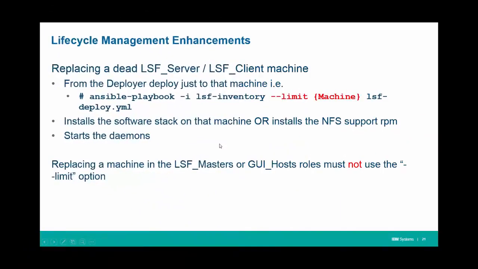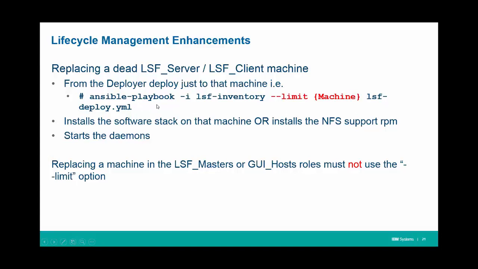So let's look at the first case where we're going to replace, say, a dead LSF server or LSF client machine. It's pretty easy now. What you can do is go to your deployer and run the Ansible playbook -i LSF inventory, then add --limit, and list the name of the machine that you want to replace, and then run the deploy playbook.